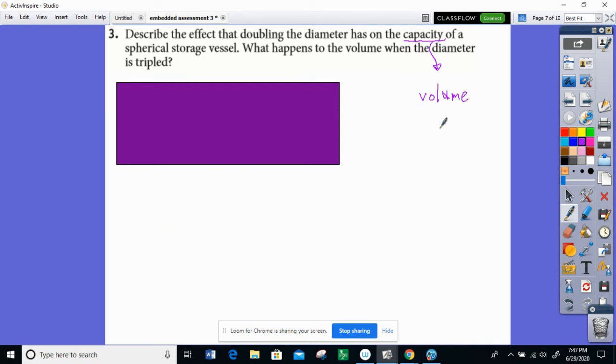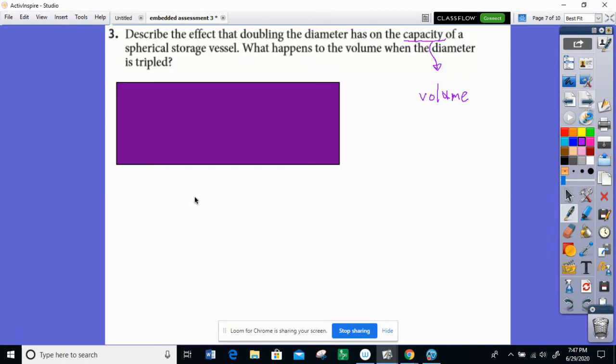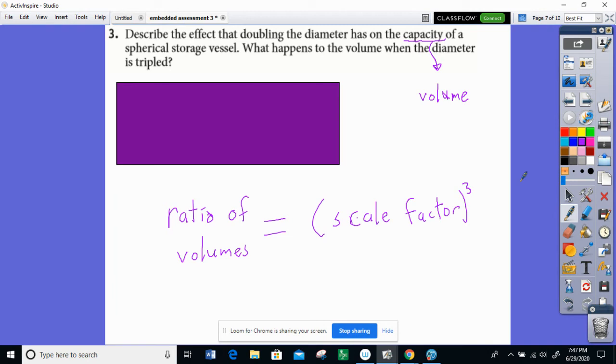Okay, so whereas the ratio of the surface areas is equal to the scale factor squared, since surface area is measured in square units, the ratio of the volumes between two similar solids also depends on the scale factor, but it depends on the scale factor raised to the third power.